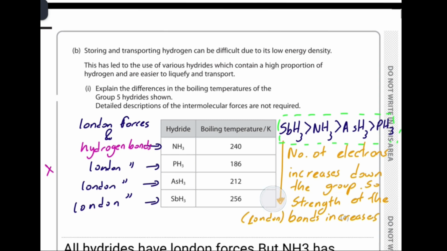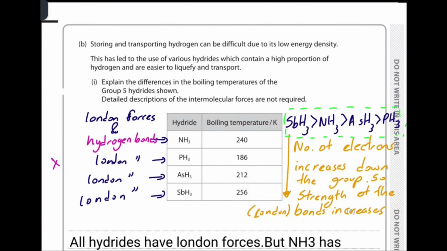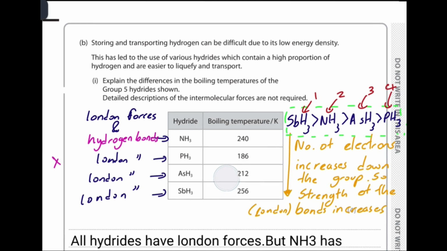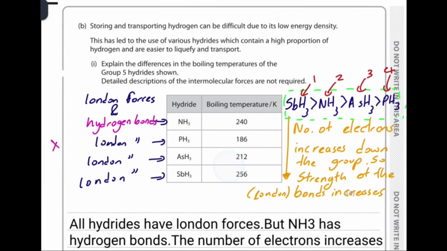Okay. First of all, we should look at this graph. We can see that SbH3, which is antimony hydride, has the highest boiling temperature, NH3 has the second highest, AsH3 the third, and PH3 has the lowest boiling temperature. Next we have to know what intermolecular forces these compounds have.